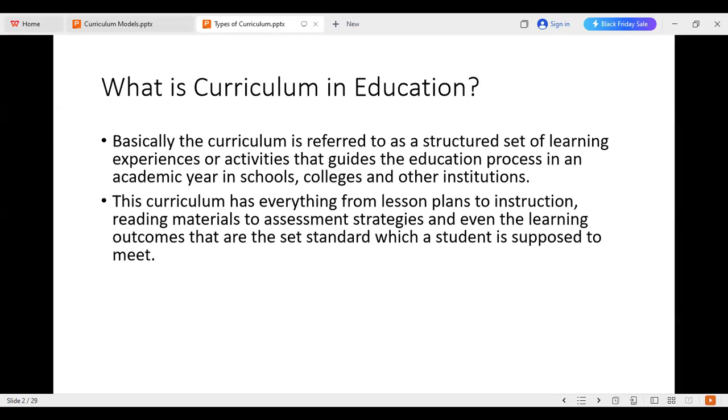Now, in higher education, I am working in a private university. In the last couple of months we spent time developing a curriculum for a Bachelor of Education in early childhood.